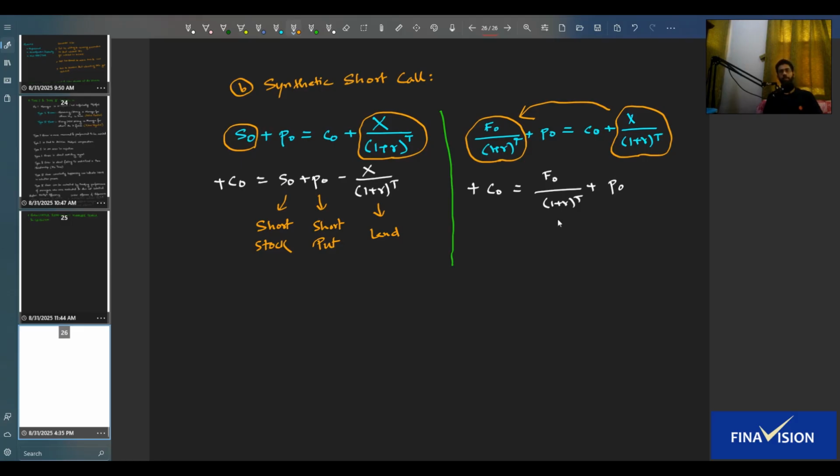So this simply means there is a cash inflow due to the forward contract, which means short the forward contract, and there is a cash inflow due to the put option, which means short the put option or sell the put option. So we can again write it.